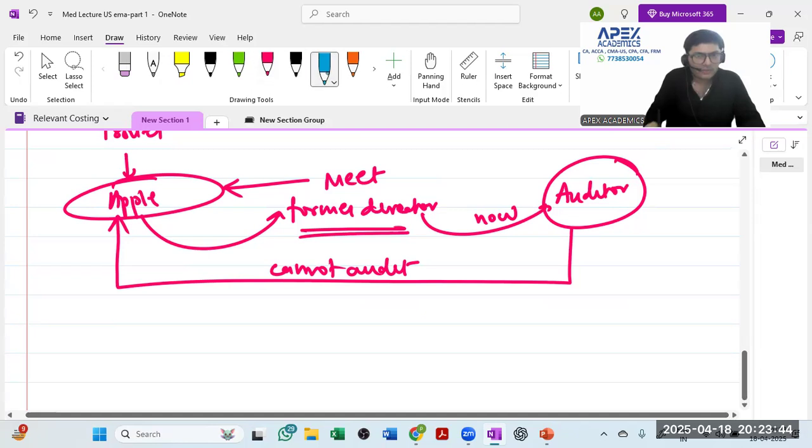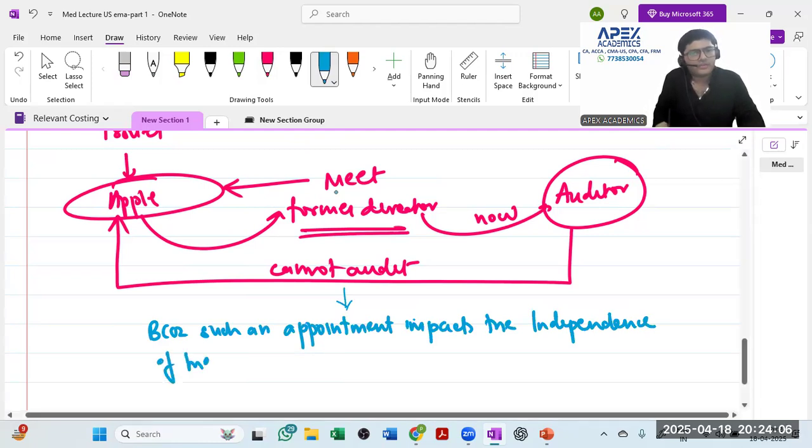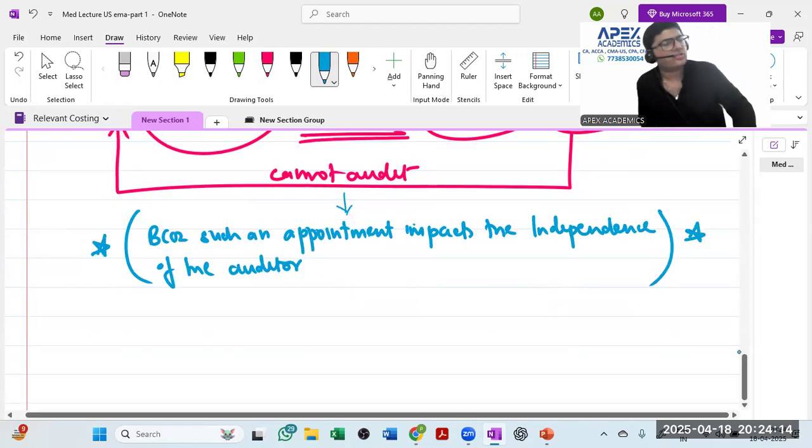Cannot audit because such an appointment impacts the independence of the auditor.